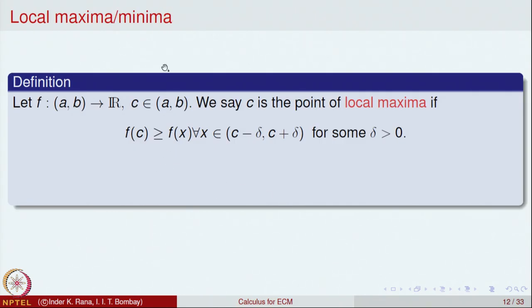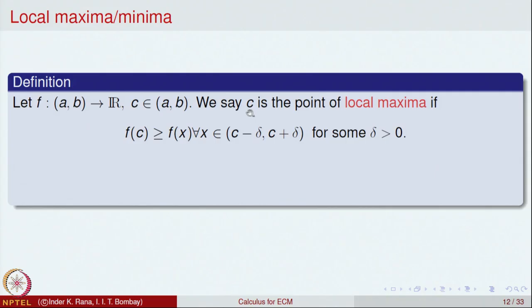So, let us look at some more properties of functions which are applicable in economics, commerce and management. So, for a function f from an open interval (a, b) to R, a point c belonging to (a, b) is called a point of local maxima.